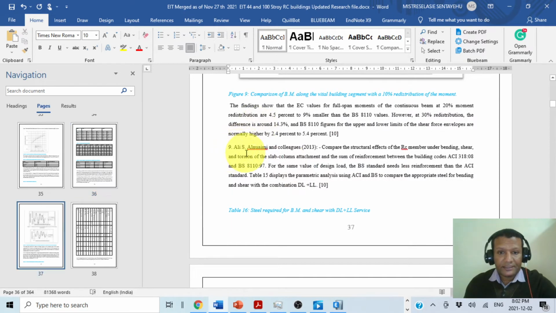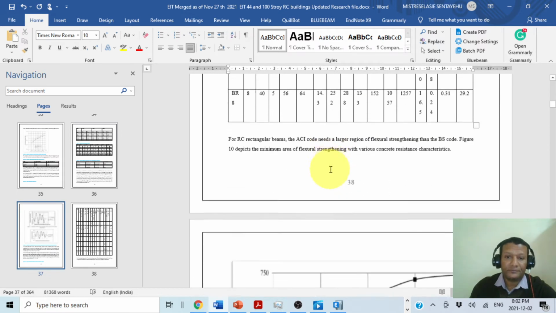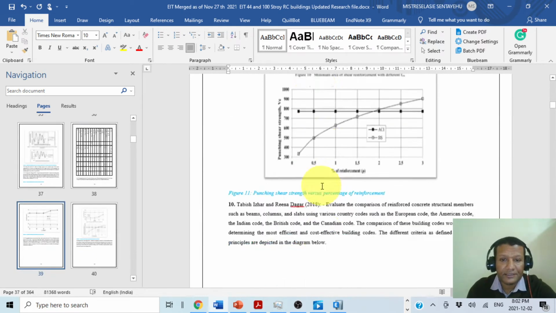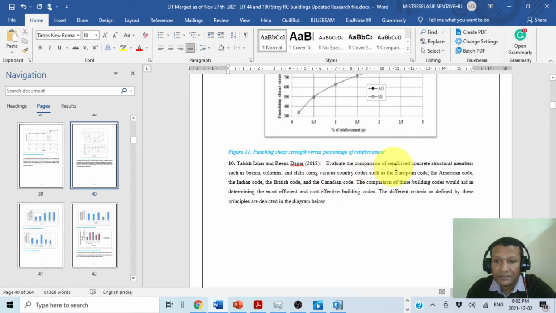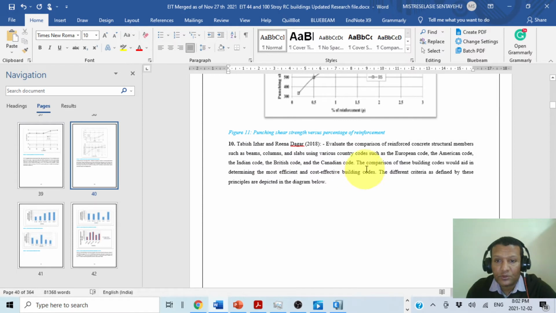Again, Ali S. Alim and colleagues compared the structural effect of RC members using building shear, ACI and BS, and the result and everything is achieved. So the final one is evaluating the comparison of reinforced concrete members, slab and beam, using various codes such as European code, American code, Indian code, British code, Canadian code.